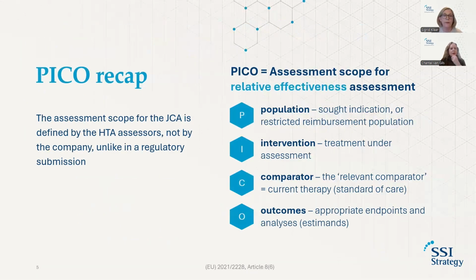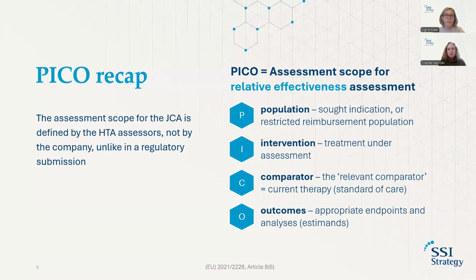And I will also recap a bit on the PICO concept. The PICO is at the heart of the JCA. It's determining the scope. It's describing the analyses that need to be done, and the PICO framework, which has been quite familiar in the HTA world for quite a while already, is really to set the scope for relative effectiveness. The P stands for population, I for intervention.